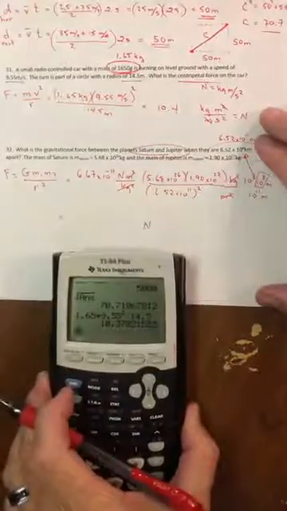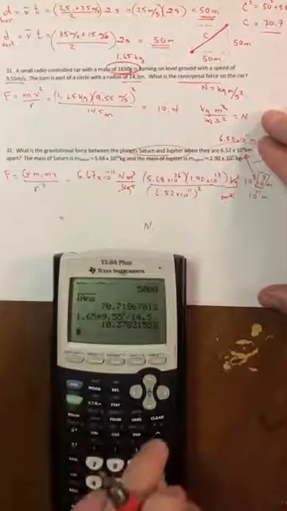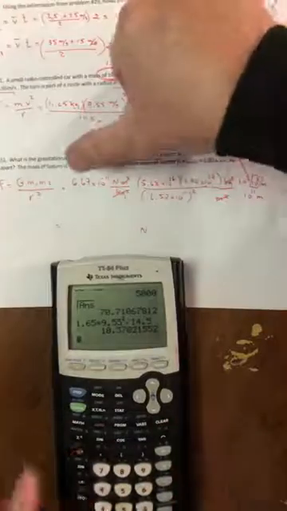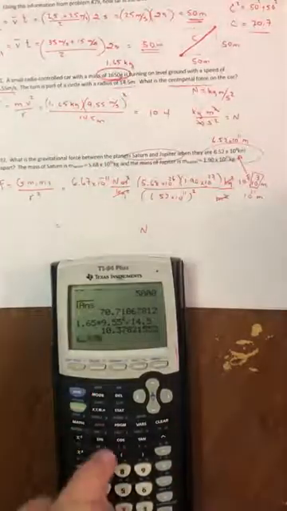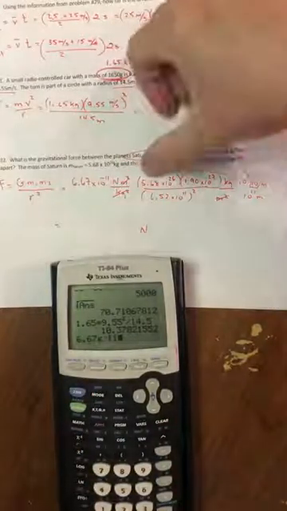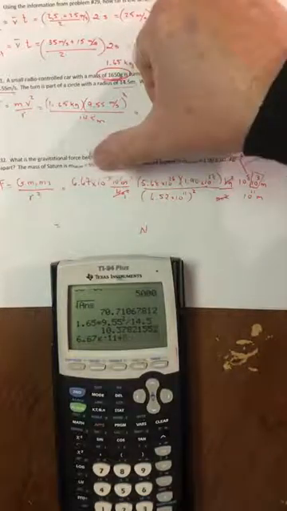So, grabbing a calculator here, I will put in my 6.67 times 10 to the negative 11 for the universal gravitational constant.